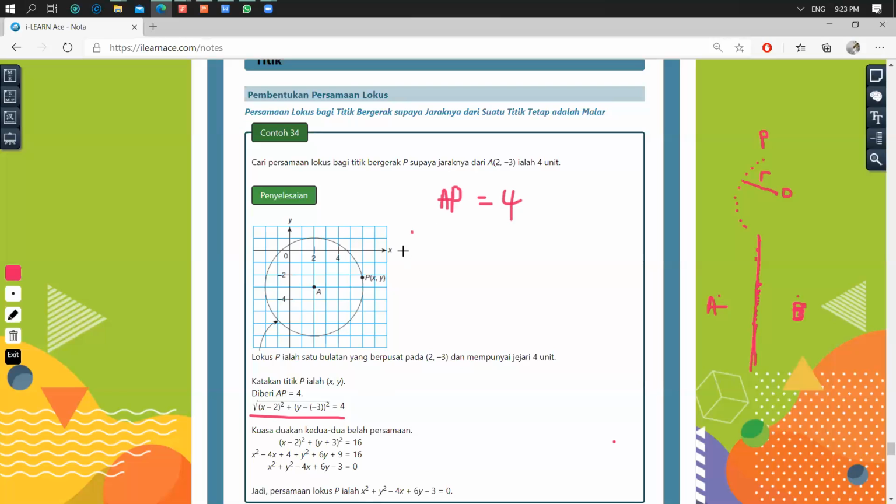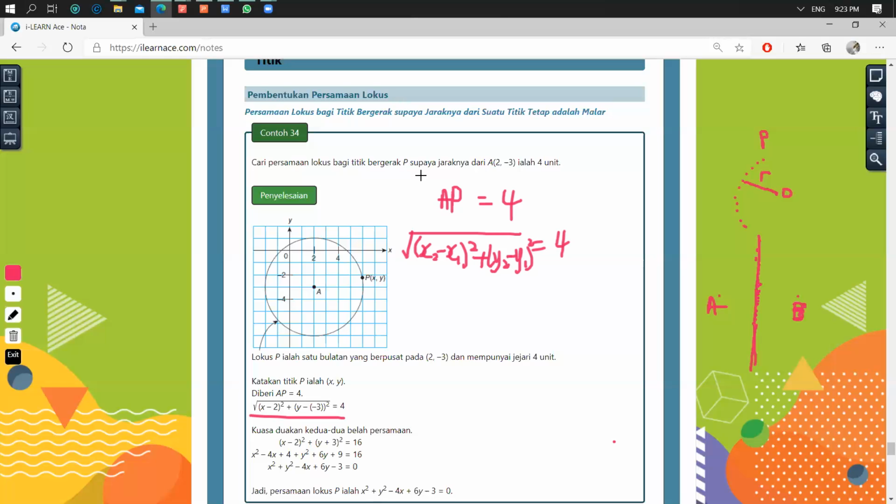Then write down the formula for the distance AP. Remember the formula for distance is the square root of x2 minus x1 squared plus y2 minus y1 squared. Then you decide which one is your x1, y1, which one is x2, y2.